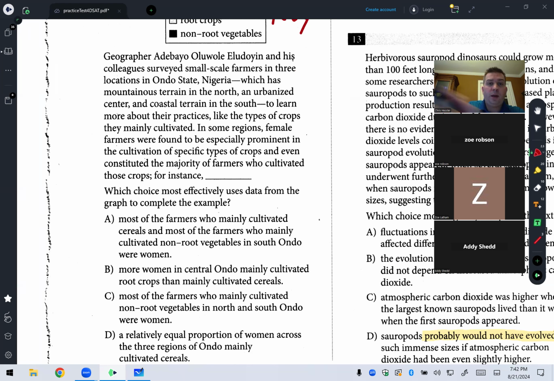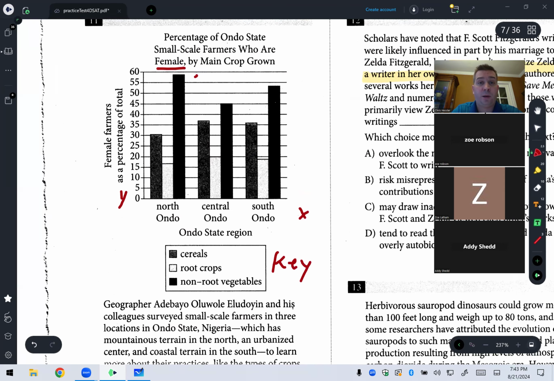In some regions, female farmers were found to be especially prominent in the cultivation of specific types of crops, and even constituted the majority of farmers who cultivated those crops. For instance, I think we basically just need those bars that I referred to already.